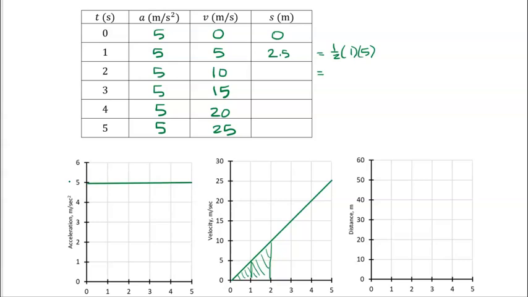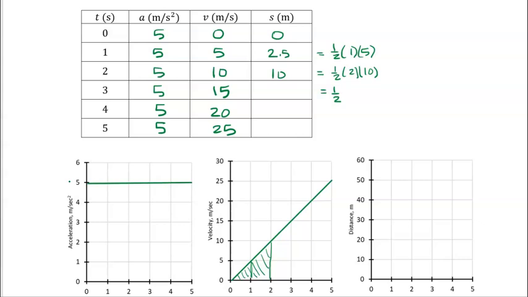From 0 to 2, I have a triangle that's 1/2 times 2 times 10. And so the distance I've gone now is 10. Okay, and I'm just going to keep doing that. I'm just going to draw triangles at 3.